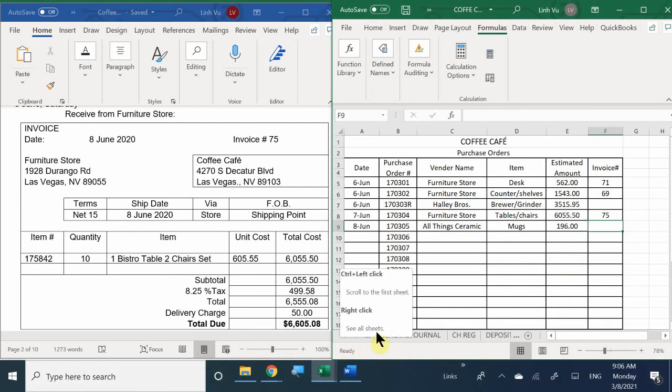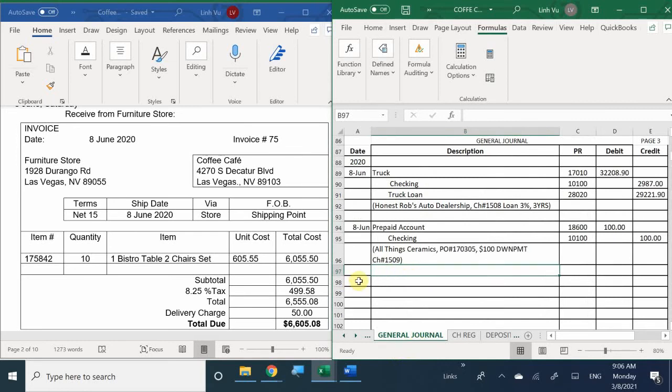All right. And now I'm going to go back to my general journal. And now I'm going to go ahead and enter this information in. I just bought bistro tables and chairs. Okay? So, can I look in my chart of accounts and locate that I have bistro tables and chairs?